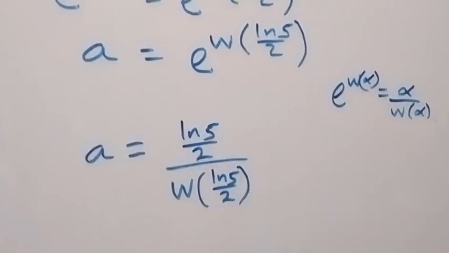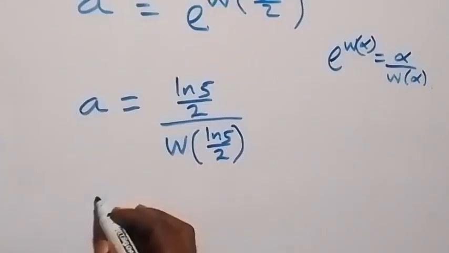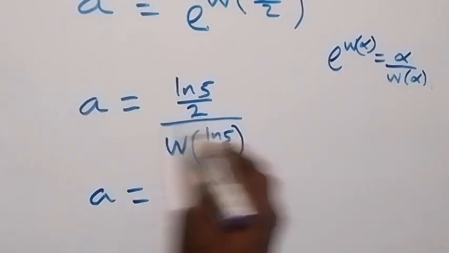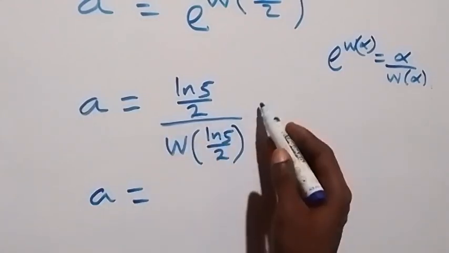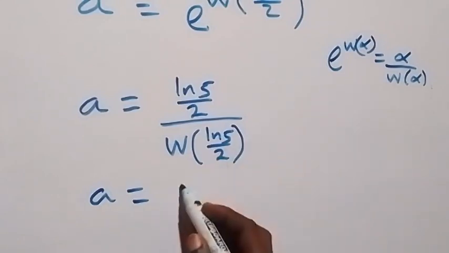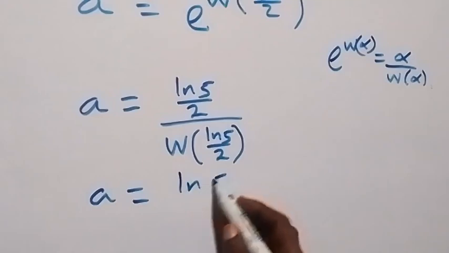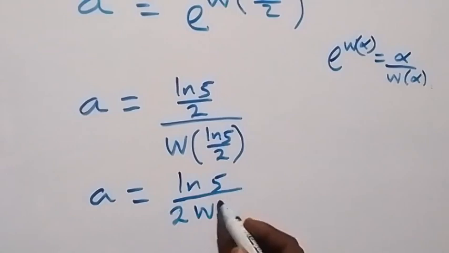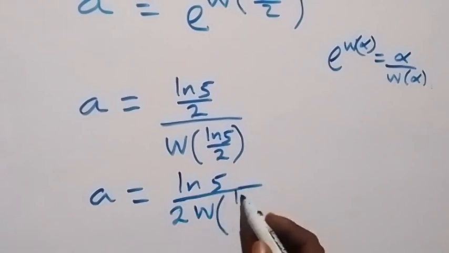Then which we can also write as a equals, when we divide, it means we multiply by 1 over this, which will also give us ln 5 over 2, then W of ln 5 over 2.